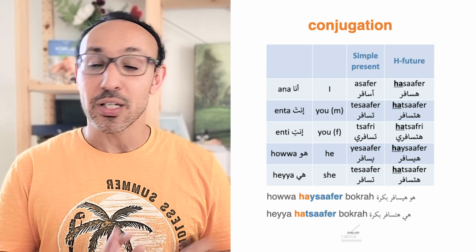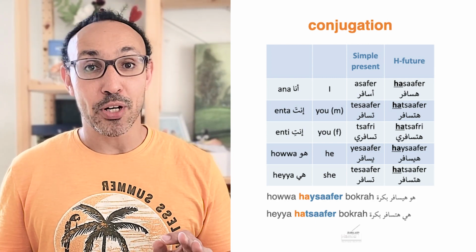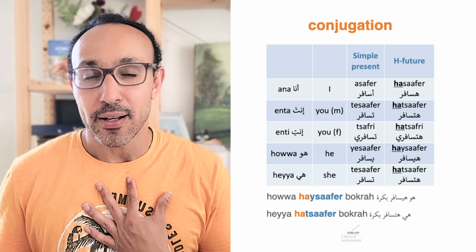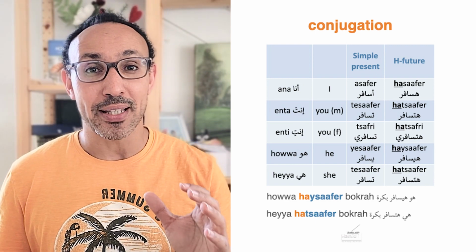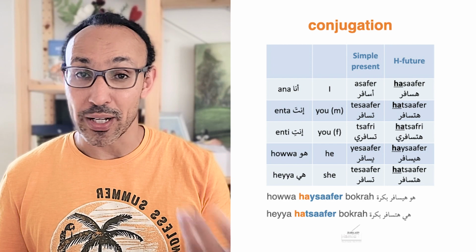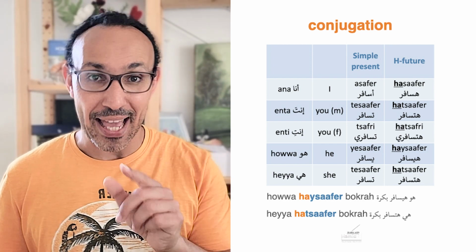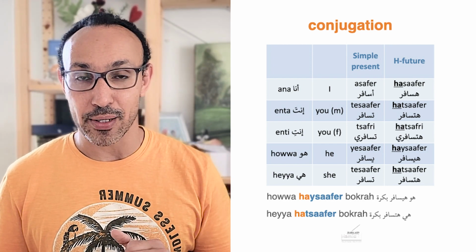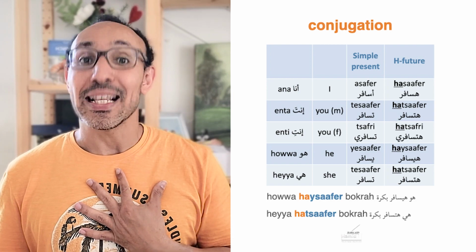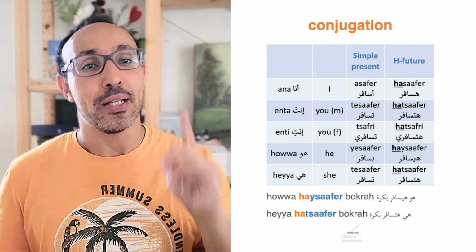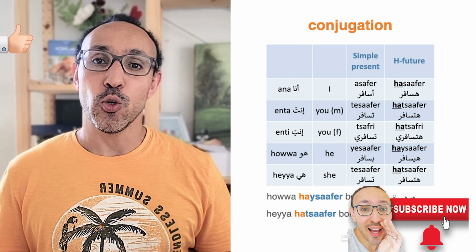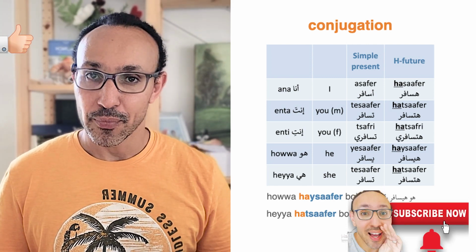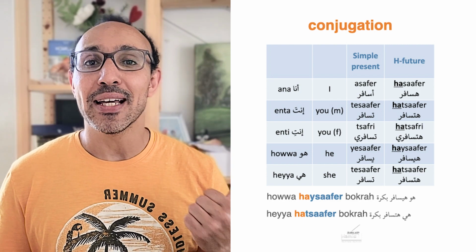Okay, let's talk about the simple present. So the simple present is أنا أسافر, from the verb يسافر. So note that the verb in the present or in infinitive is always with يا, يسافر. So أنا أسافر, أنت تسافر, أنتي, you female, تسافري, هو يسافر, هي تسافر.